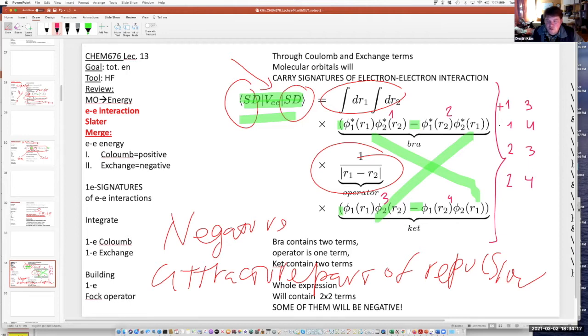1 times 4 will have negative sign. 2 times 3 will have negative because it's minus times plus, and 2 times 4 will have positive. Okay? Yes. Now if we focus on the term 1 times 4, Lina, there was a question from Kea to repeat where this negative energy comes from.